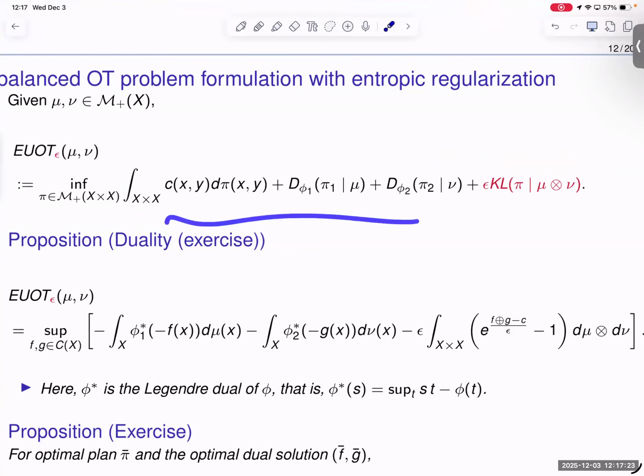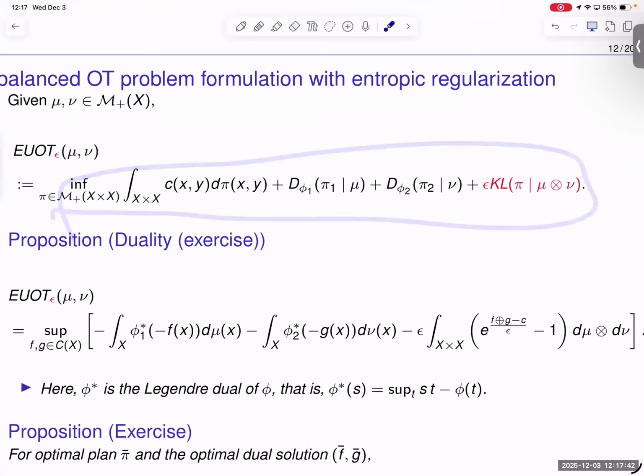Then if you look at the survey paper of Peyré and others, they consider this kind of Sinkhorn algorithm for solving this entropic unbalanced optimal transport problem, and you can find it.